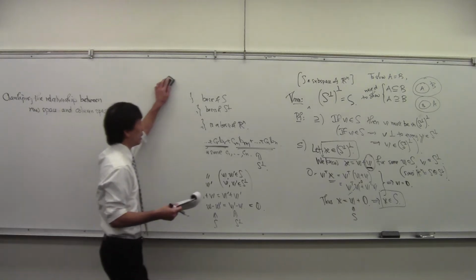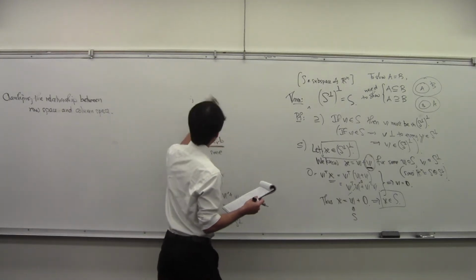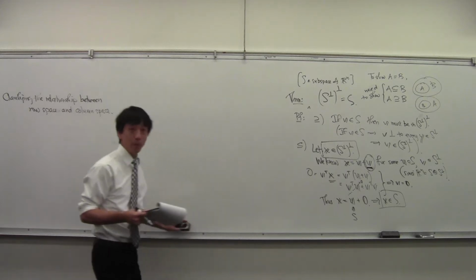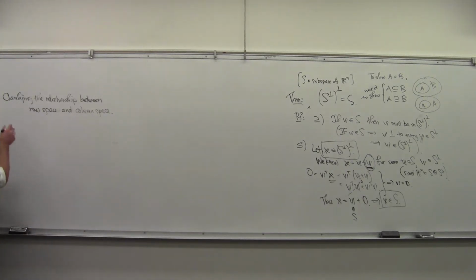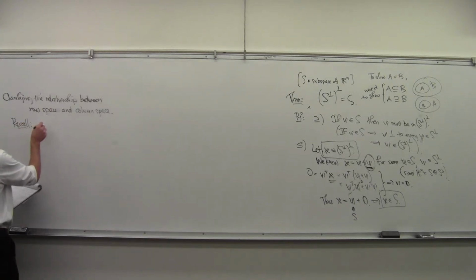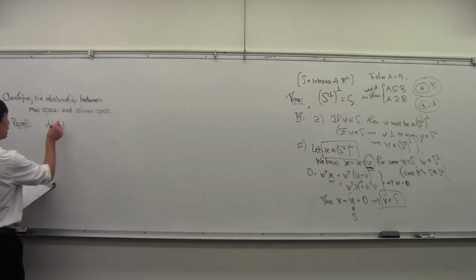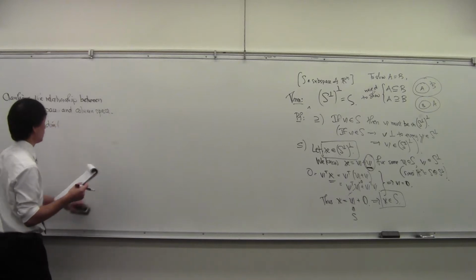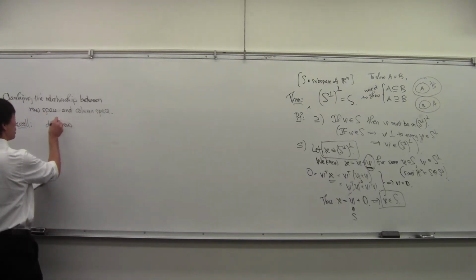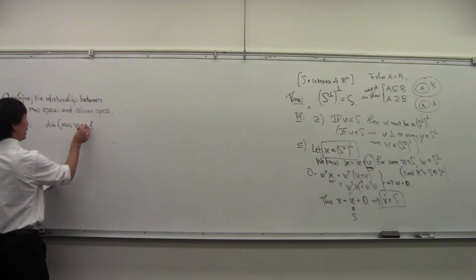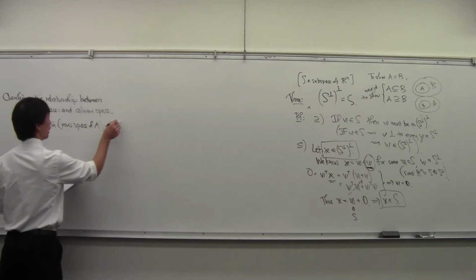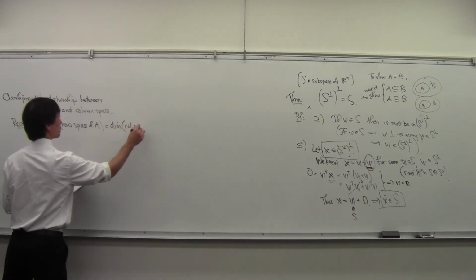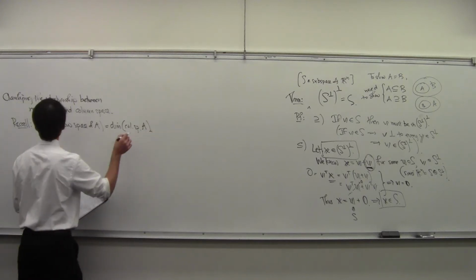Okay. So remember way back when we were talking about rank, recall that we saw way back when that the dimension of the row space of a matrix equals the dimension of the column space of that same matrix, right?